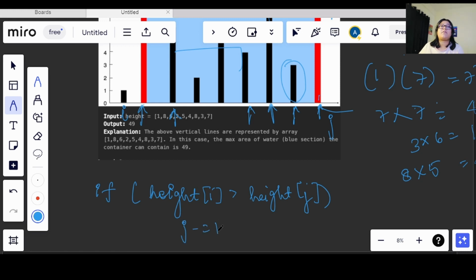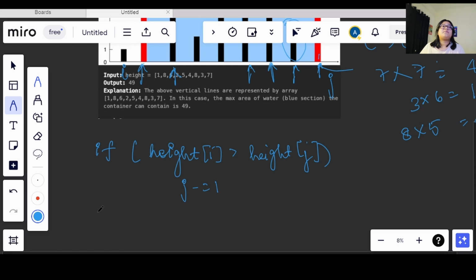We are subtracting by 1. And if height at j is greater, then what we are doing, we are incrementing the i value.